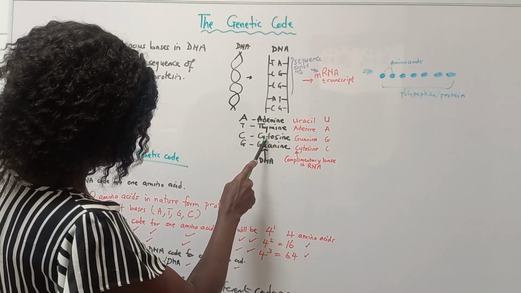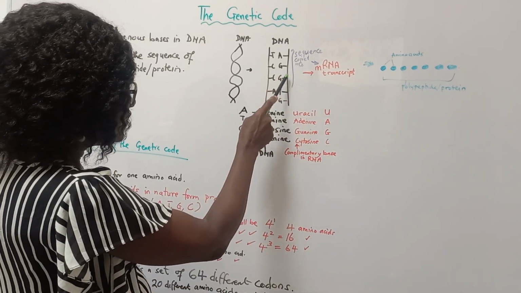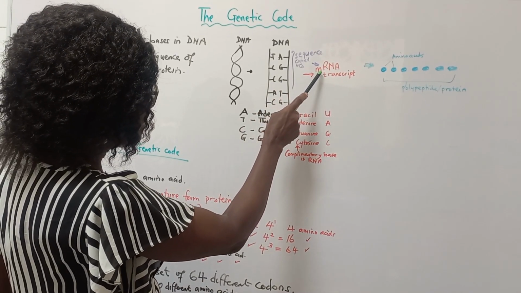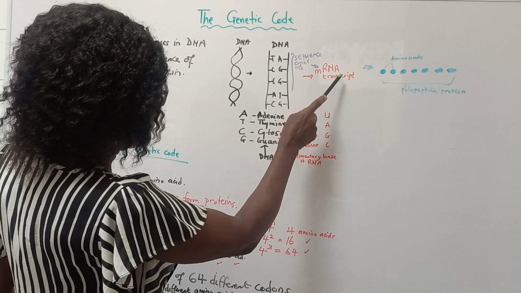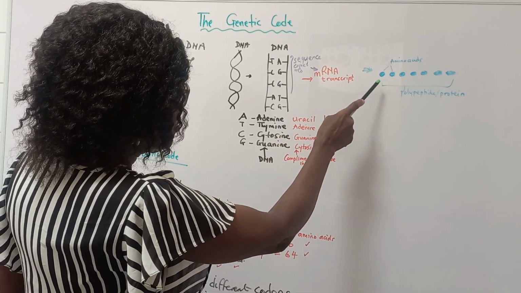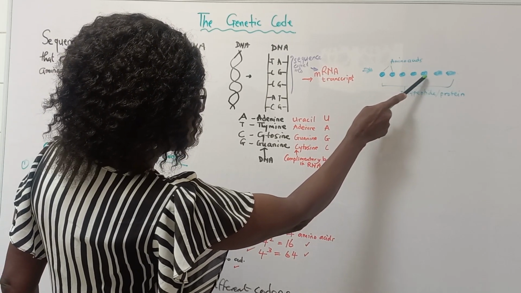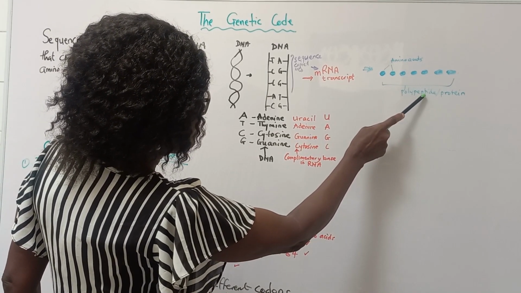Adenine, thymine, cytosine, guanine, whatever the sequence is, it is transcribed or copied into messenger RNA and the other RNAs, and goes to determine the sequence of amino acids that form a polypeptide.